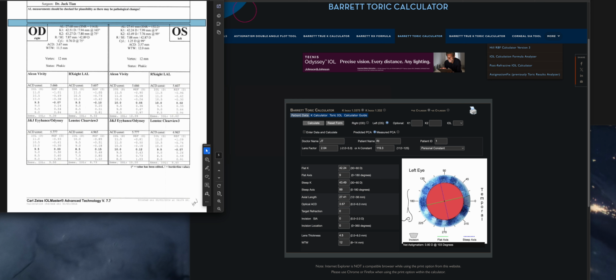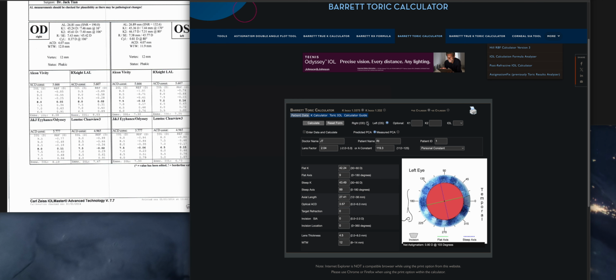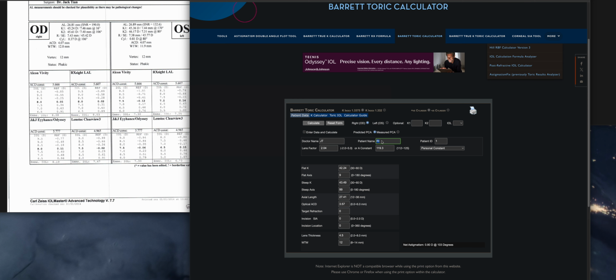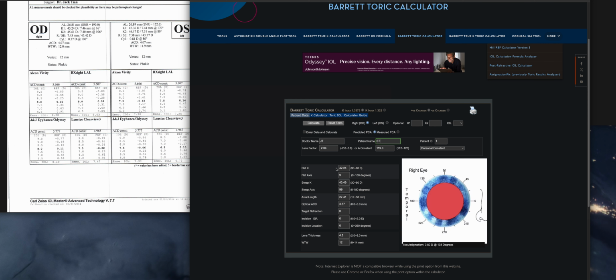Okay, so next patient, we're going to do the right eye, and then let's change the T1.